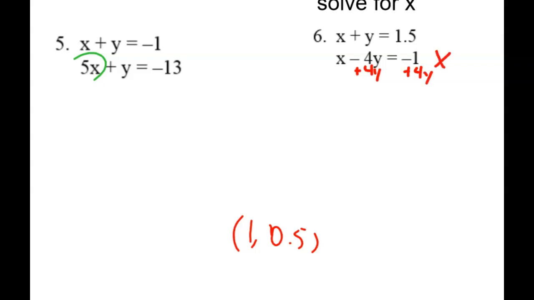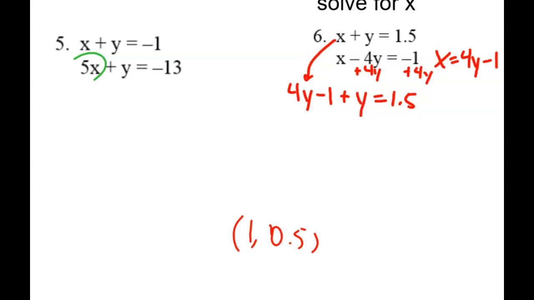So you got x equals 4y minus 1. Okay? So now you're gonna put that into here. So you're gonna get 4y minus 1 plus y, because this is this, equals 1.5, right?